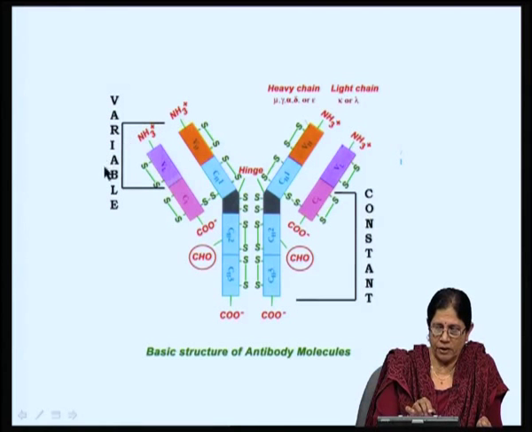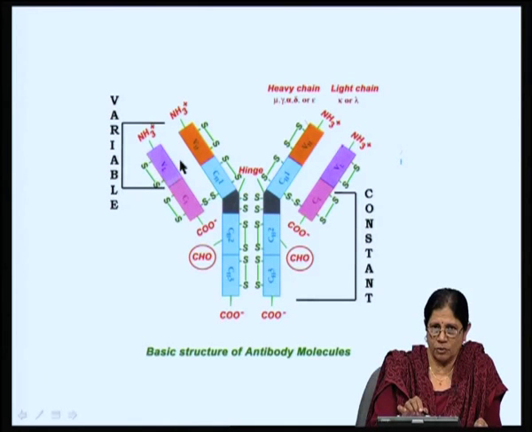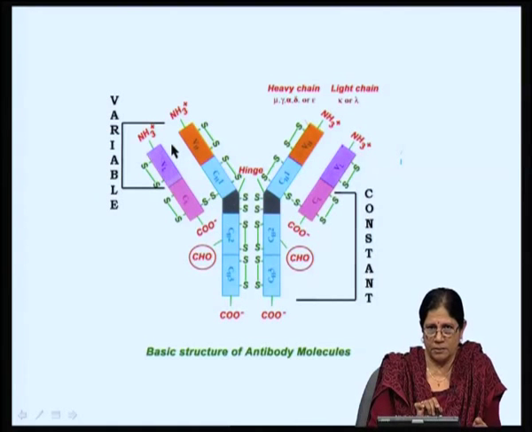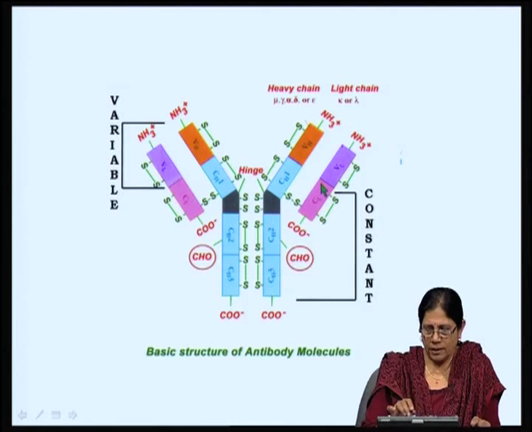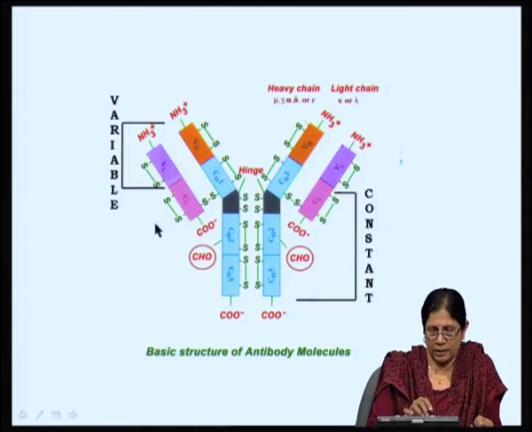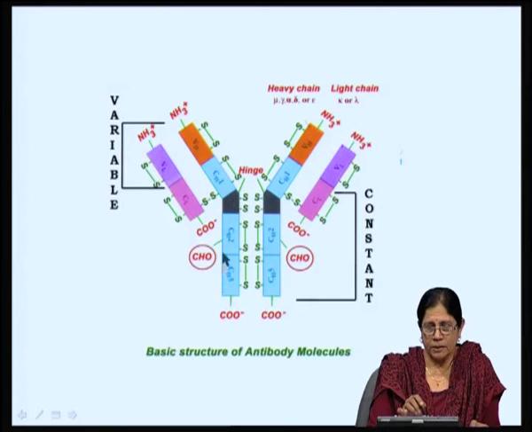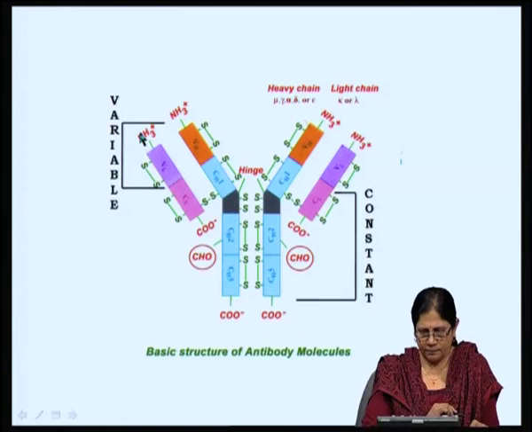Needless to say, this variable region is the region which is required for antigen recognition, and variable suggests that each immunoglobulin is different in the type of sequence that it bears on the heavy and light chain at this terminus. 2/3 of the molecule remains constant, and therefore, this is called the constant region. All immunoglobulin, let us say IgG1, would be quite identical in its sequence in the constant domain, but very different at the variable domain.